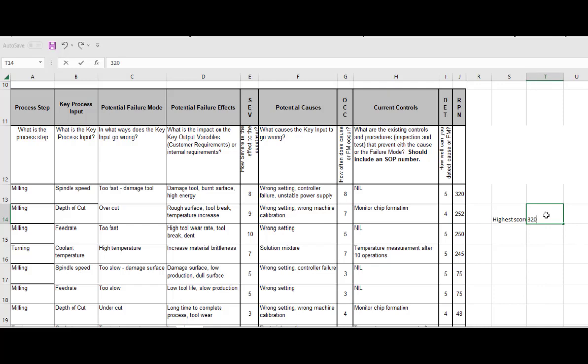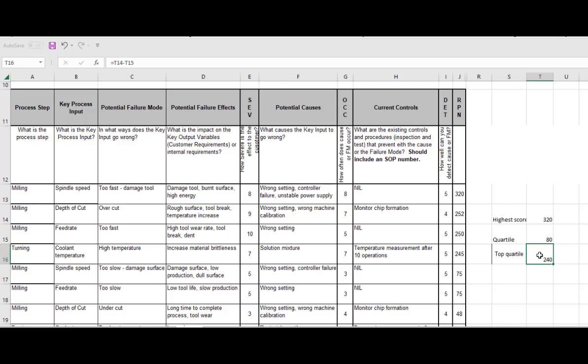So based on the RPN number, the highest score is 320. Okay, so the quartile, okay, quartile is 25% of the highest score, and the top quartile will be the highest score minus the quartile, so 240.